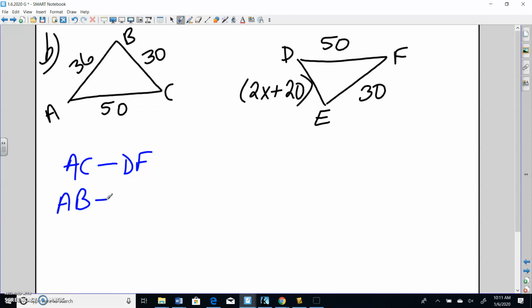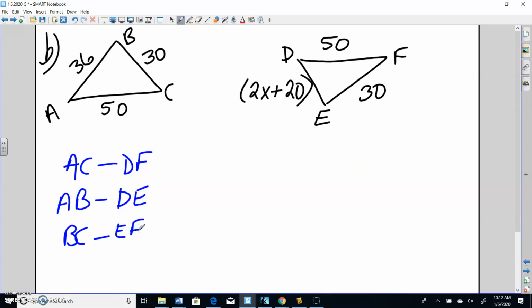That matches up with what side? I don't have a 36 on the other one, do I? So that must be this DE, right? And then side BC matches up with the other side that's 30, so that's EF or FE.